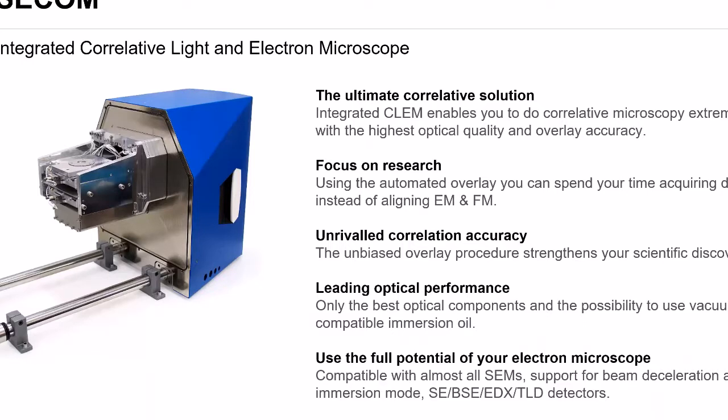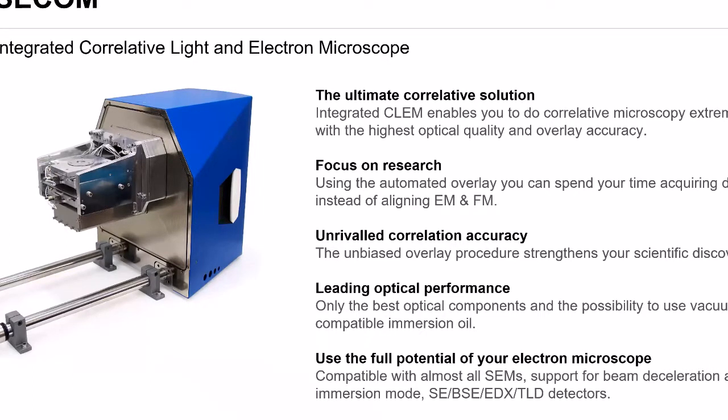So essentially, the SECOM is an integrated correlative light and electron microscope, which enables you to do correlative microscopy very fast, with a high optical quality and very accurate overlay. That gives you the advantage of being able to spend your time acquiring data instead of aligning the fluorescence and electron microscopes. The overlay procedure, as I said, is very accurate and reliable.